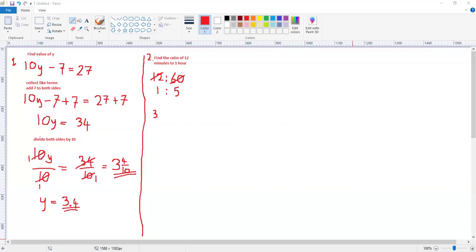All right, so the next one has a bit to do with the area of shapes. Have you guys done area of shapes before? Yes.